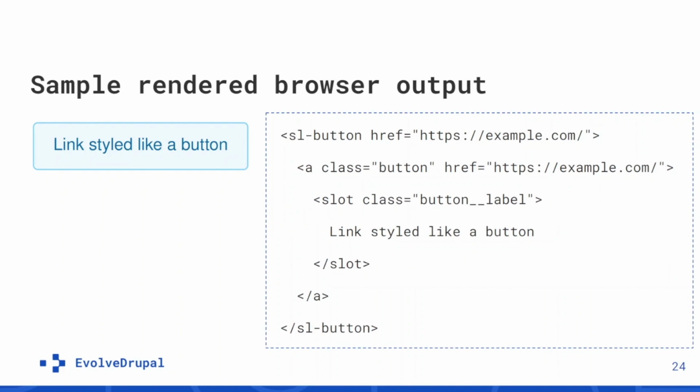However, when it renders and the browser does its business, it is outputting additional markup inside that tag for you. So it will translate the SL button to include a link. And then it also includes what's called a slot. And slots are where the content goes.